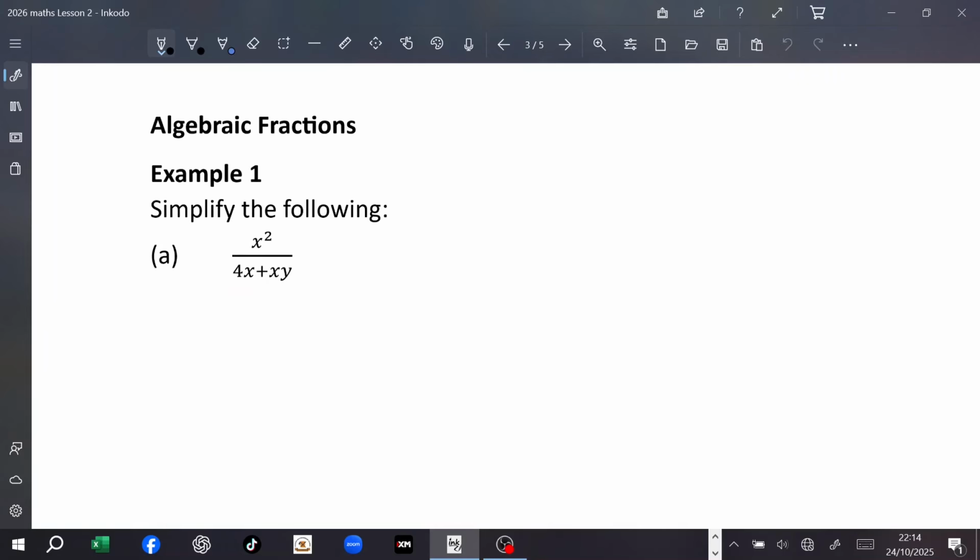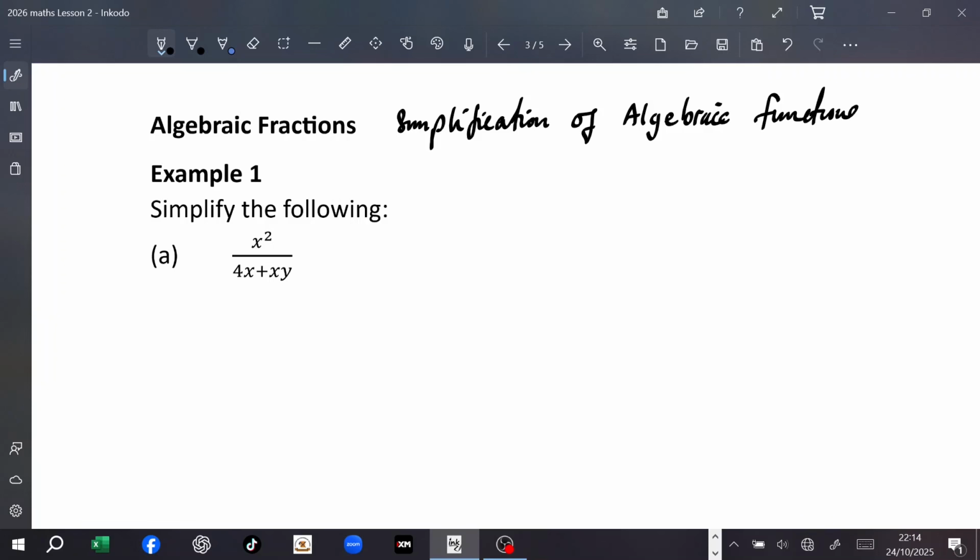The next example is algebraic expression simplifying. So we are going to look at simplification of what we call algebraic fractions. Sorry, not functions, rather fractions.